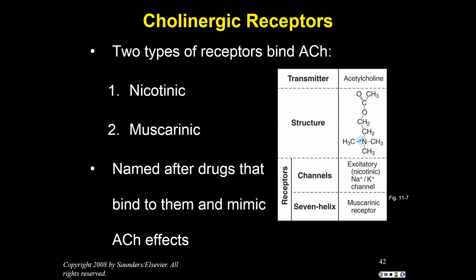What we concluded with on Monday is there's actually two types of cholinergic receptors. One class acts as a sodium-potassium channel, and those are called nicotinic receptors. Conversely, other tissues have what are called muscarinic receptors, and those are the receptors that activate second messenger systems.